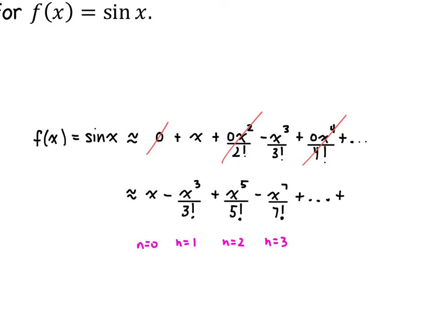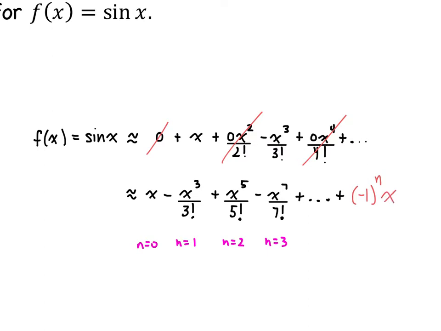Now what we need to do is talk about what the nth term is. This is when n equals 0, this is when n equals 1, when n equals 2, when n equals 3. So can we go ahead and write the nth term? Hopefully we recognize that this is an alternating series, so we're going to have -1 to the n. And what is x being raised to?